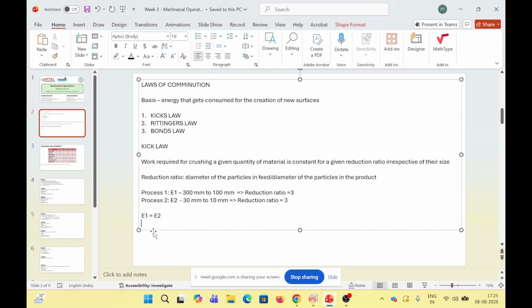Since the reduction ratio is 3 in both process 1 and process 2, the work required will also remain the same.